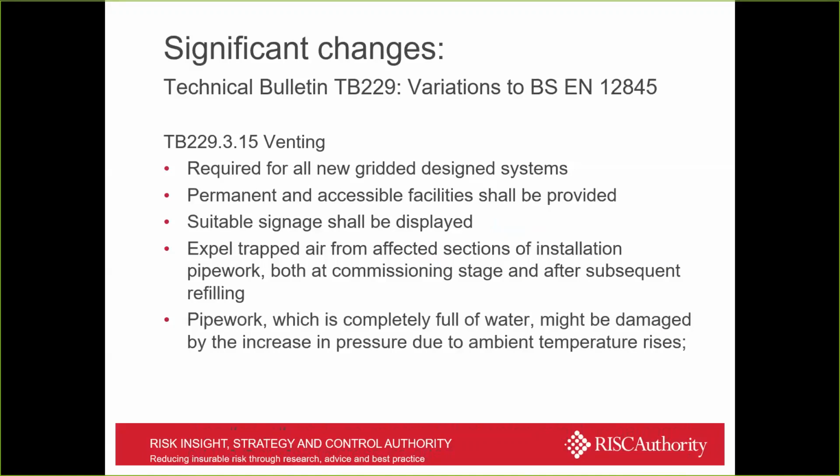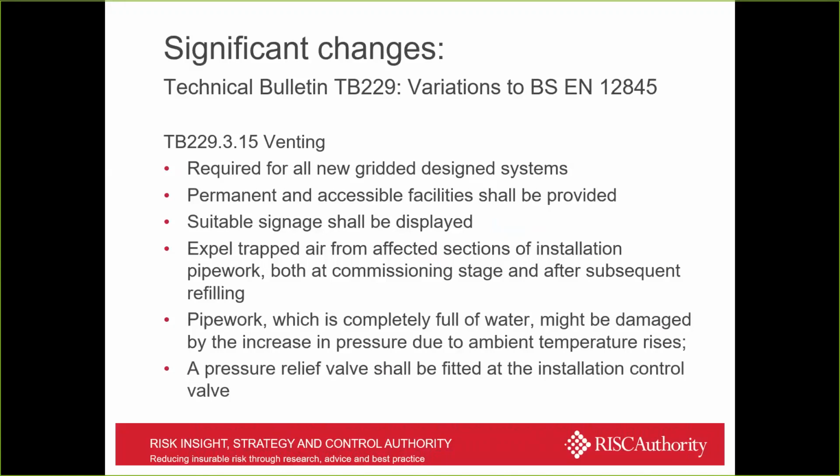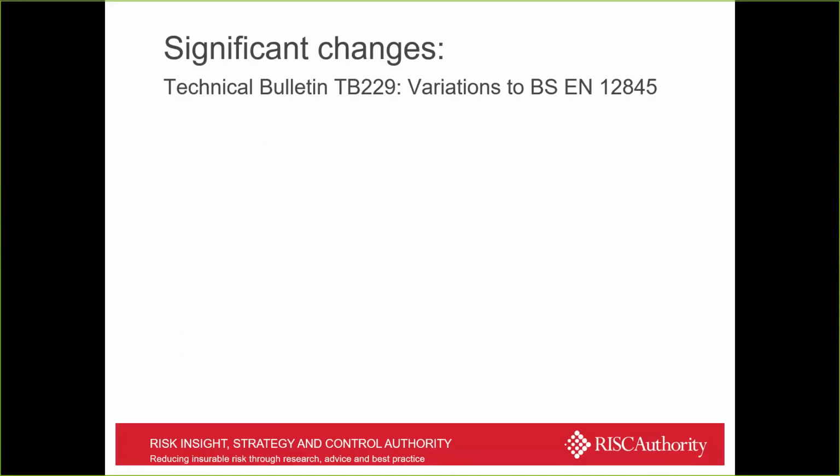What we're saying really is that you need a pressure relief valve, and that only needs to be a relatively small pressure relief valve, a 1/2-inch, 15 millimetre pressure relief valve, at the installation control valve sets, which will keep the pressure in the system to a required level if the ambient temperature pushes that pressure up because you've got no air in the system. So there's a requirement for the pressure relief valve there.